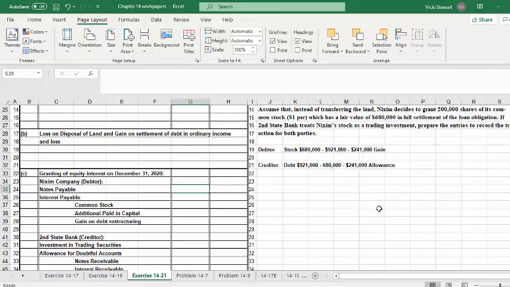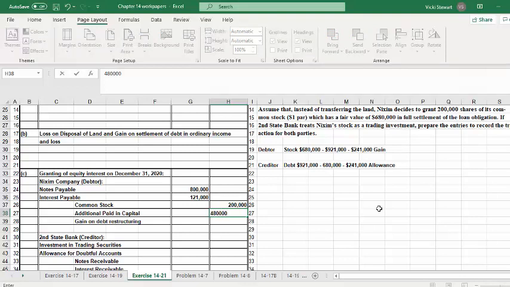So we can make the journal entry on Nixum's books by debiting the note payable for $800,000, interest payable for $121,000, and then we would credit common stock for the par value, which is $200,000, because 200,000 shares times $1 par, and then we would credit additional paid-in capital for the difference between the market value of the stock, $680,000, and the par value, which is $200,000.